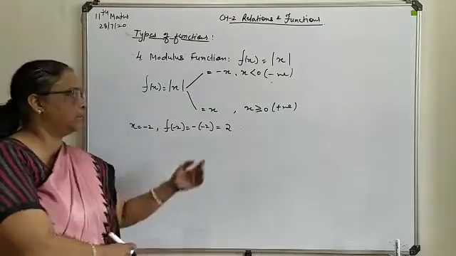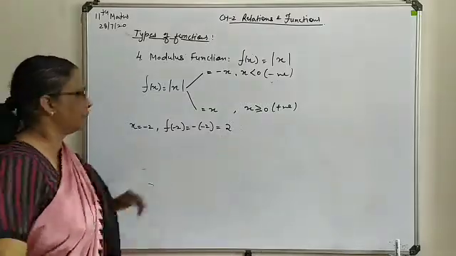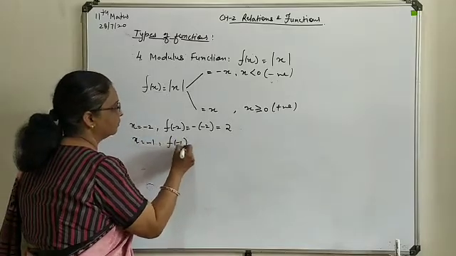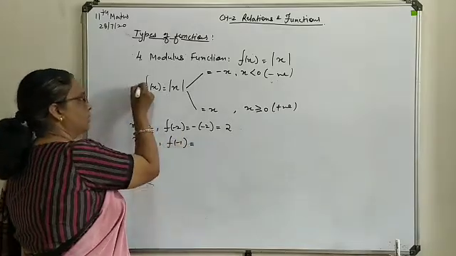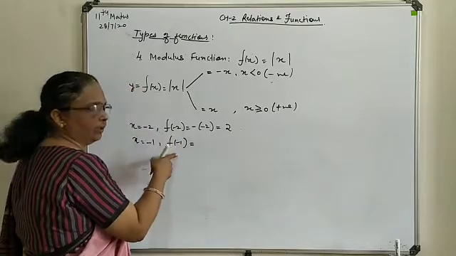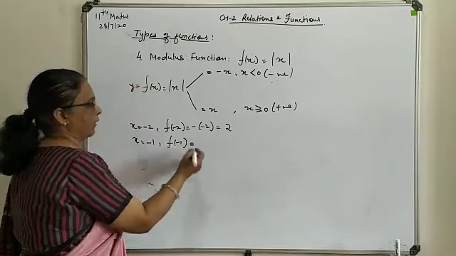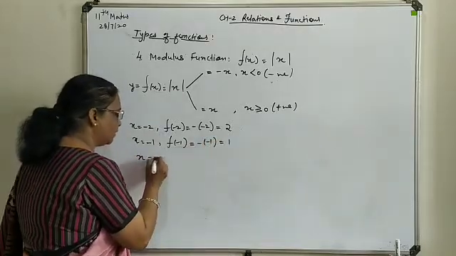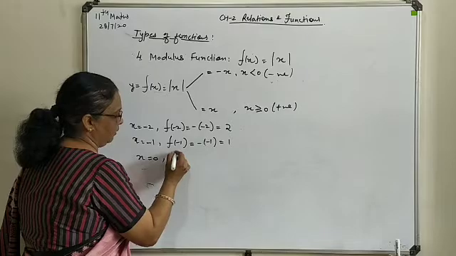Now in continuation, minus 1: f of x, that is y, so here we are evaluating the values for y. So minus 1 will become plus 1. As x is equal to 0, obviously it is 0 only.